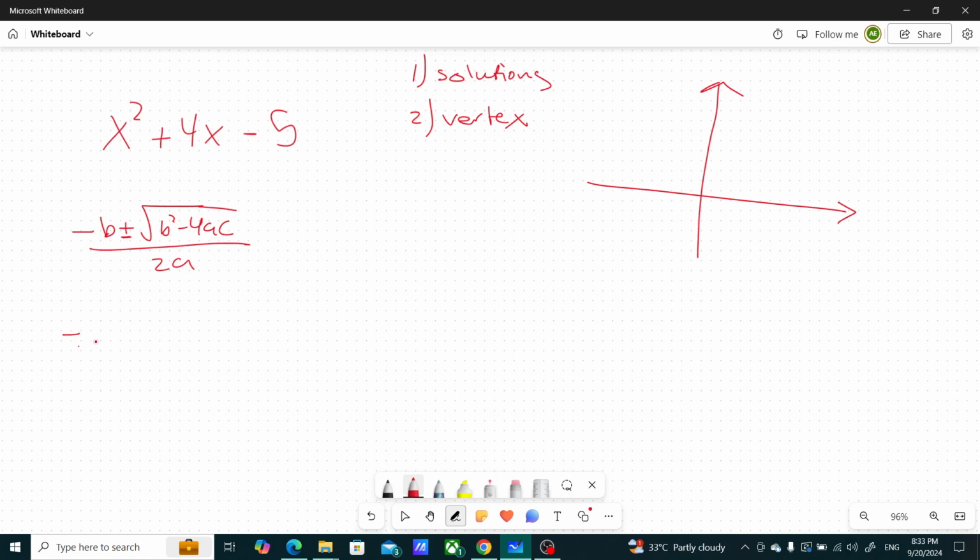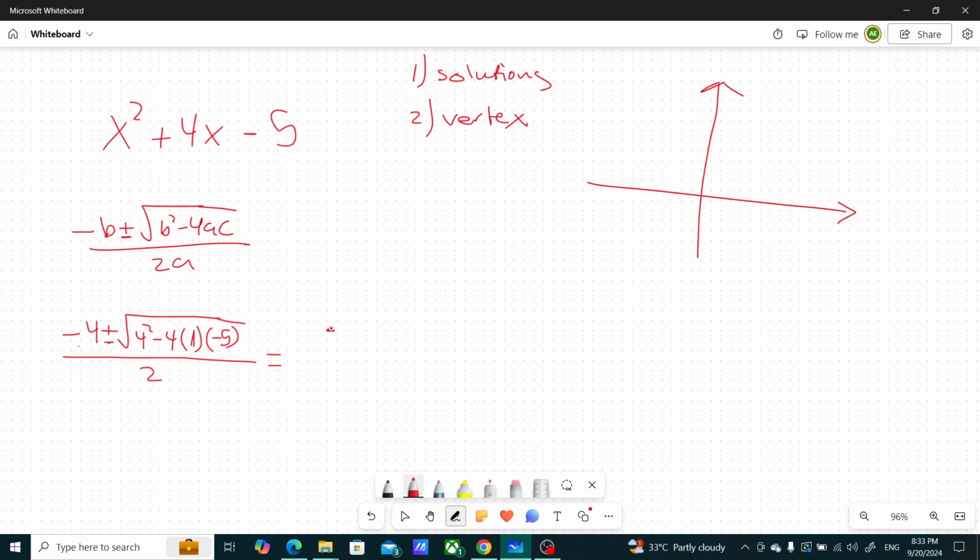So minus b, my b is 4, so it's minus 4 plus or minus square root of 4 squared minus 4 times my a, which is 1, times my c, which is minus 5, all over 2 times 1, which is 2.